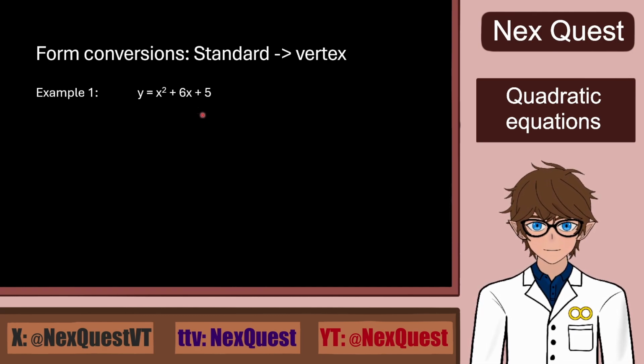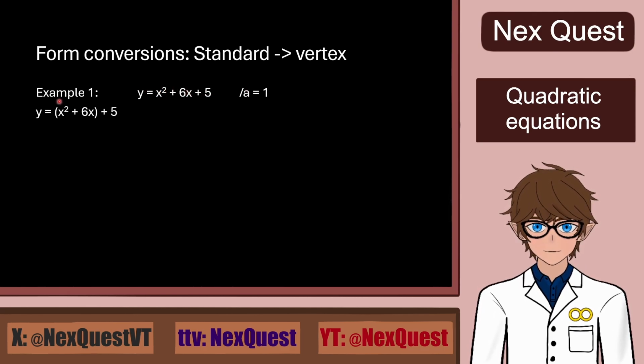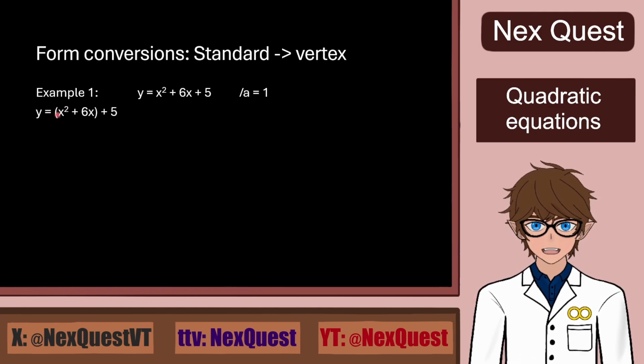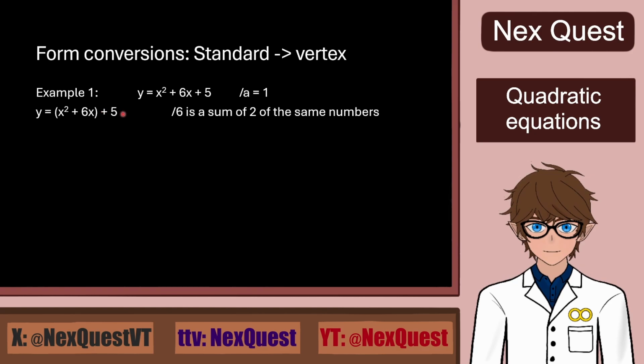Now, example 1 is y is equal to x squared plus 6x plus 5. Since a is 1, we don't have to take a out from these 2 terms, we just put the brackets around them. And now we see that 6 is a sum of 2 of the same numbers, so 3 plus 3.